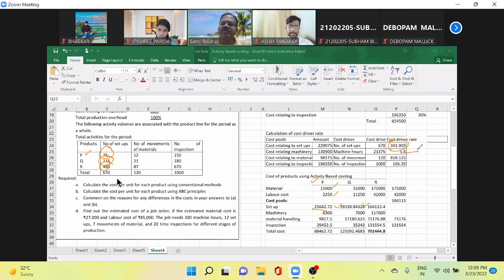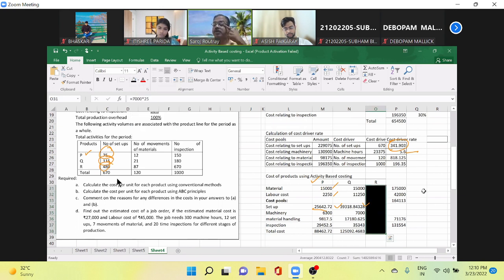In the same way for machinery, you have to see the machine hours for P, Q, and R, which are there at the top of the question. And then accordingly, this has been calculated. Okay. To check whether you have understood it or not, I can hide this part and ask you to calculate on your own.